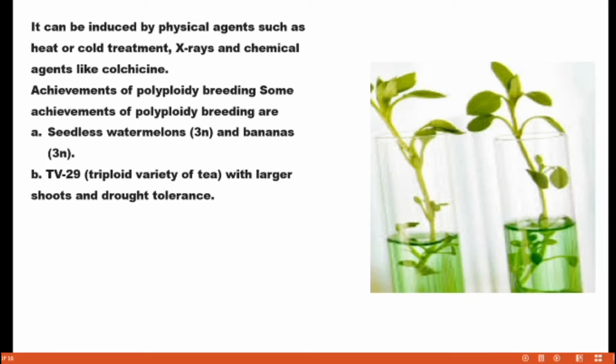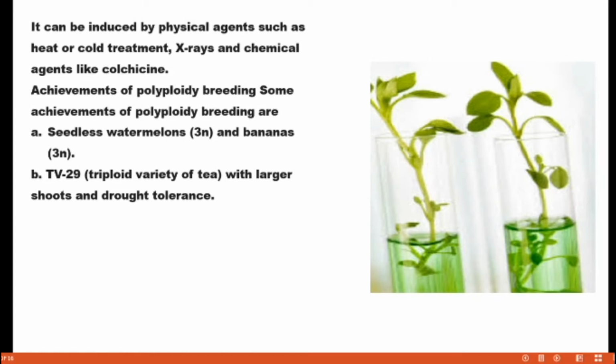Now, achievements of polyploidy breeding. There are many achievements; even though there may be some demerits, there are more advantages for the plants. Many good characters may be carried because of polyploidy breeding.